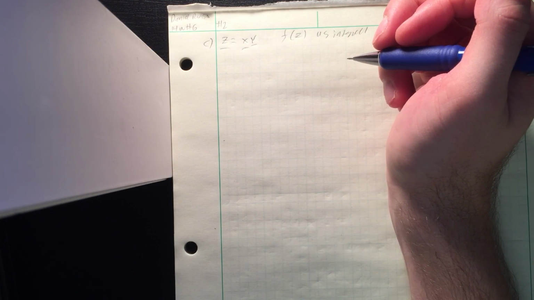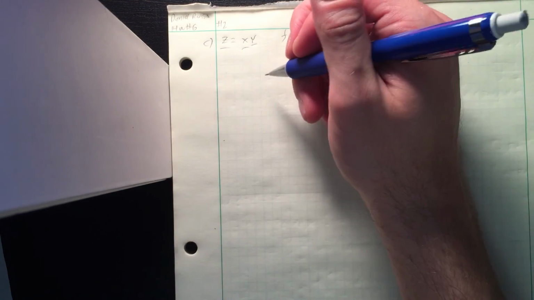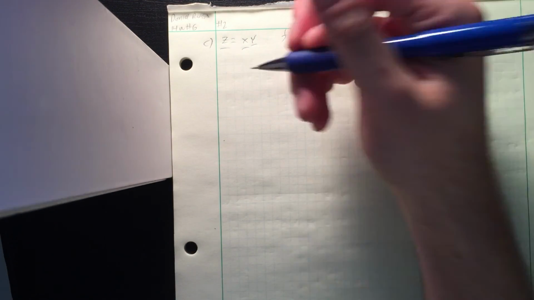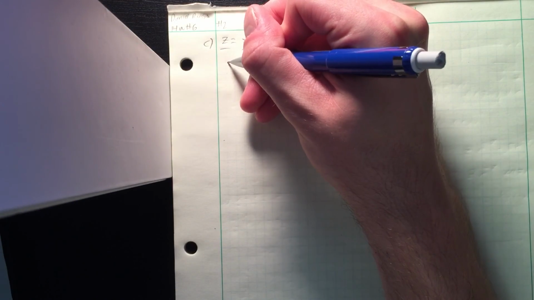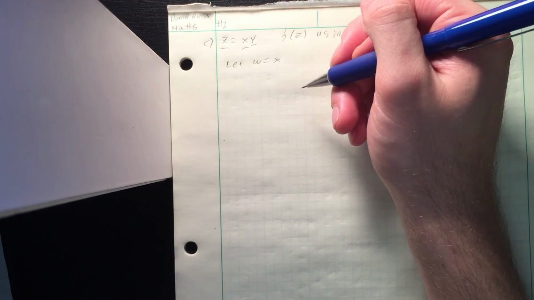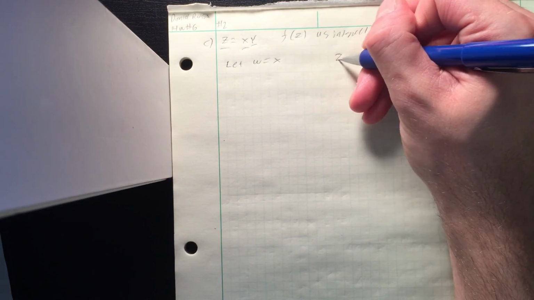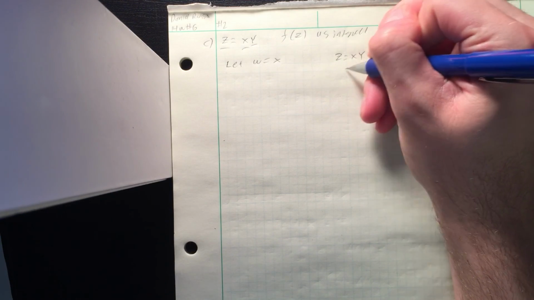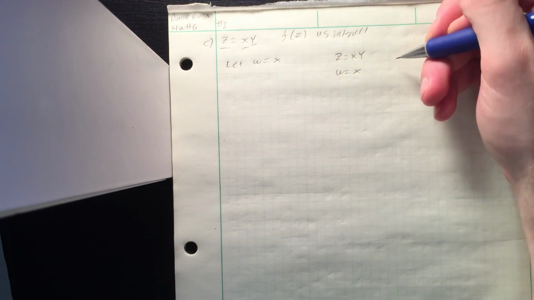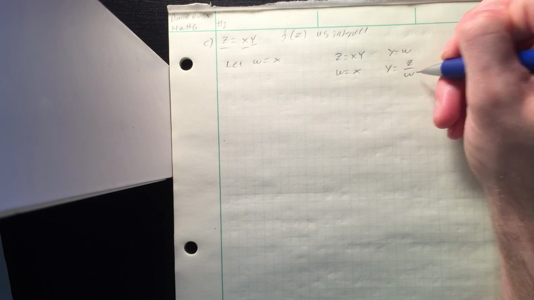So we start by getting a dummy variable in here, w. This leaves us with the equations z equals xy, and w equals x, so y equals z over w.